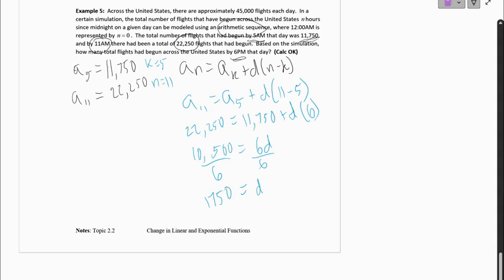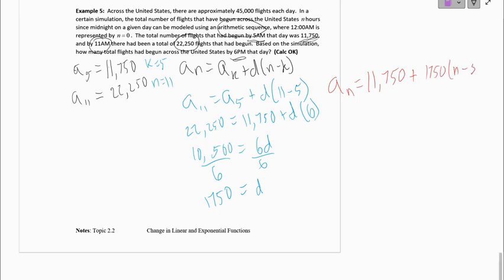Now we can go back to our original equation and rewrite it in the general format, still using the 11,750, but instead of d we put 1,750, times n minus 5. Right there is our sequence.